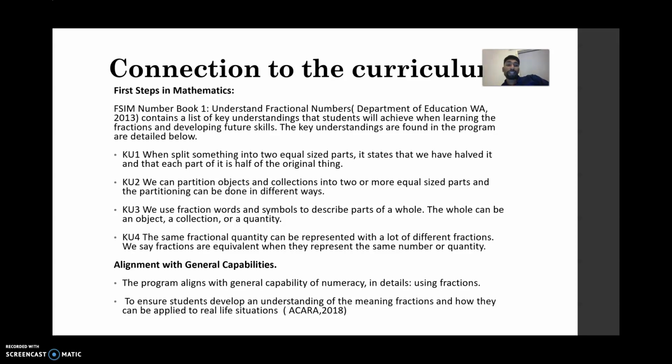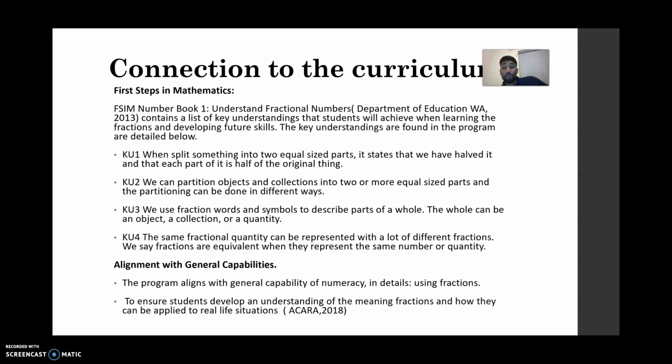So, when tailoring the 10 lessons, I referred to First Steps, and I could see that key understandings 1, 2, 3, and 4 were applicable to the Year 3 curriculum code. They also align with the general capabilities. The program aligns with the general capability of numeracy in detail, using fractions to ensure students develop an understanding of meaning, fractions, and how they can be applied to real-life situations.